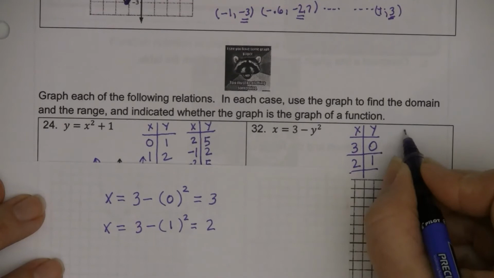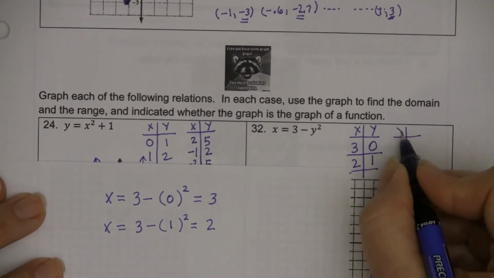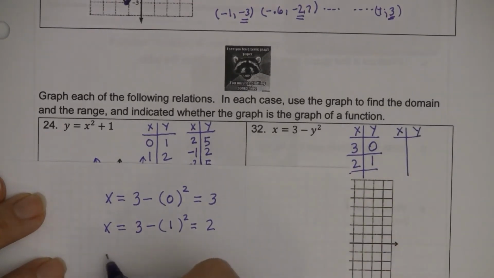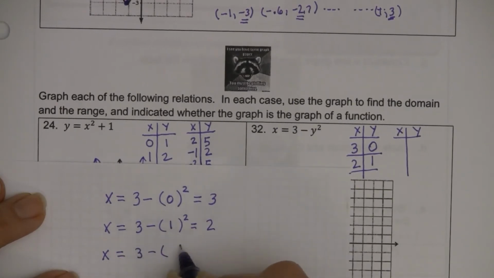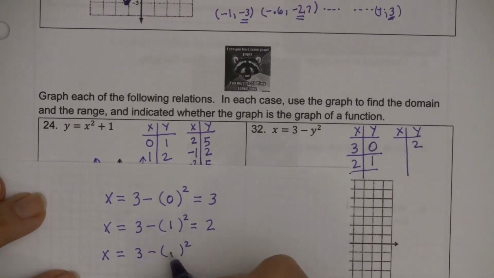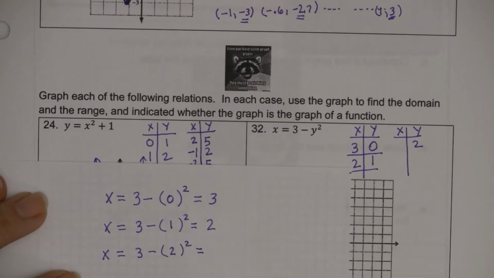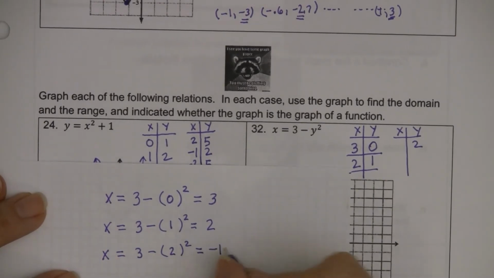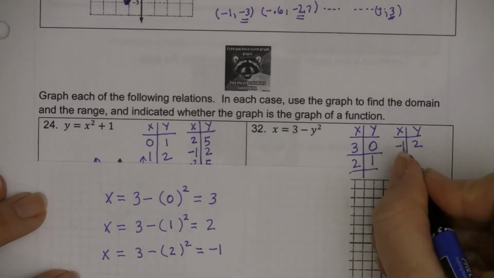So I chose y to be 1 and x was 2, and I'm going to add that into my grid here and my ordered pair holder. And I'm going to choose y is 2. And so when I put in 2 and I do the arithmetic there, 3 take away 4 is negative 1. And it's okay to use your calculator if you need to.